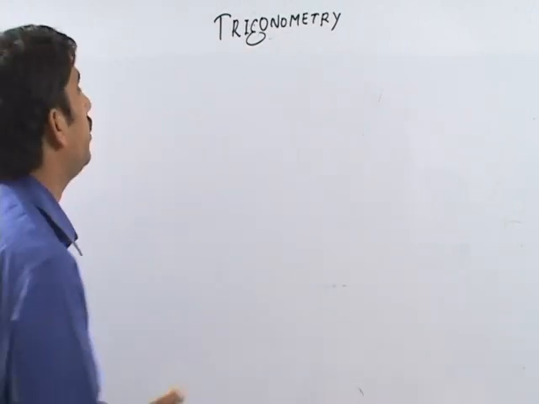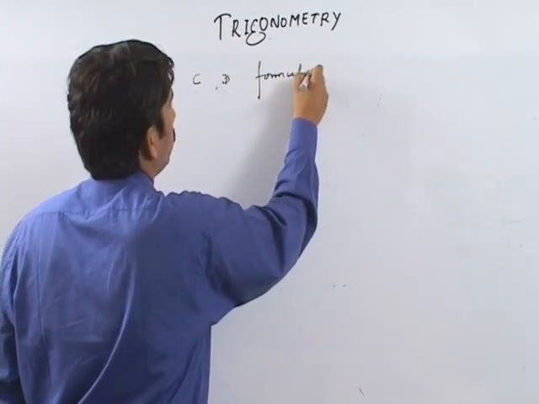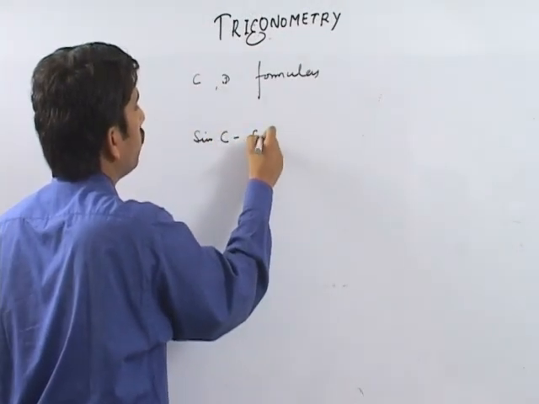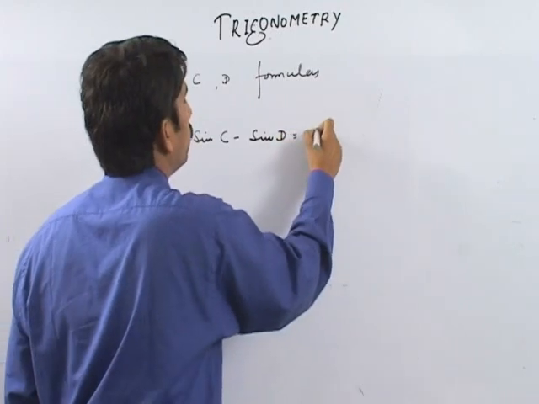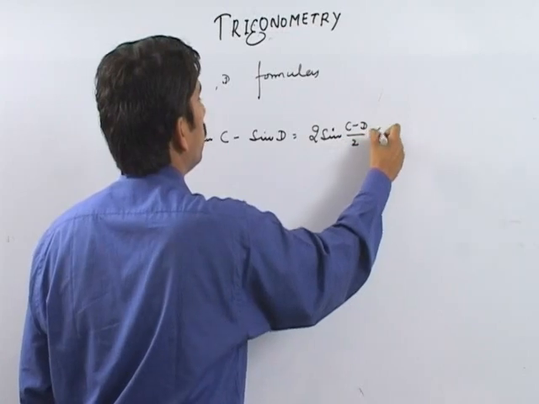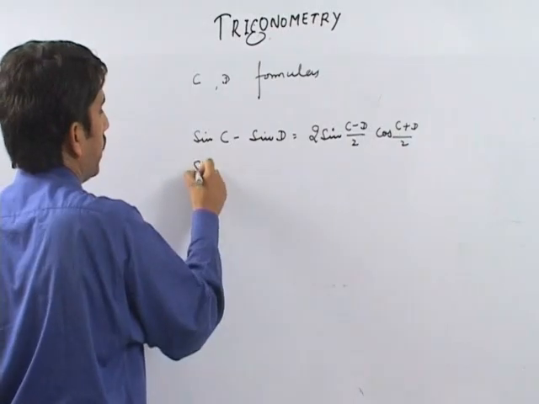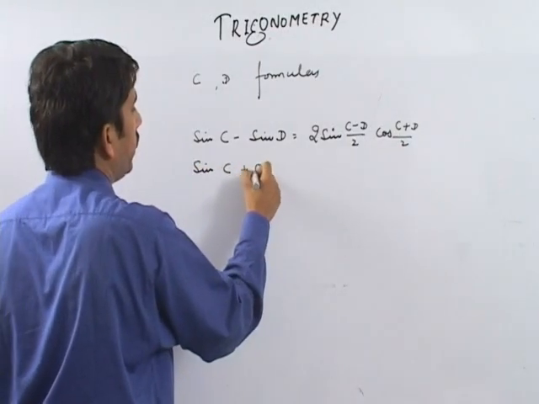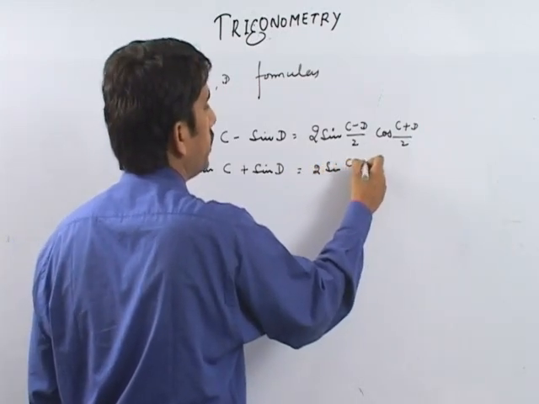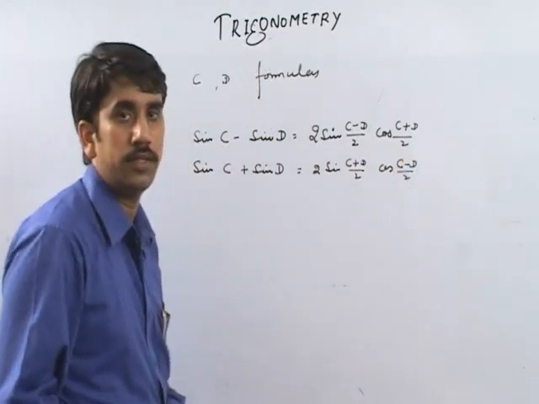Now you come across the CD formulas, and that is sine of C minus sine of D is equal to 2 sine C minus D by 2 cos C plus D by 2, and sine C plus sine D is equal to 2 sine C plus D by 2 cos C minus D by 2.